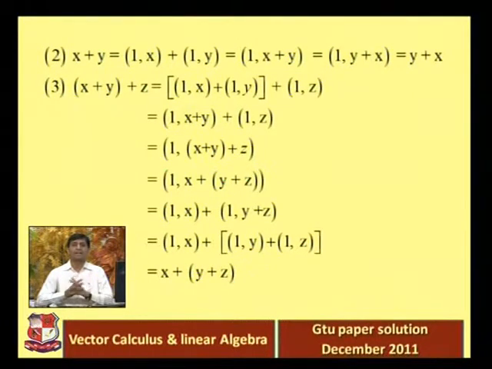So (1, x plus y) is equal to (1, y plus x), which is equal to (1, y) plus (1, x), and that is equal to y plus x. So the second condition, commutativity in addition, is also satisfied.